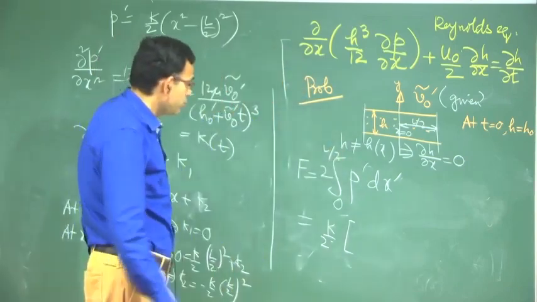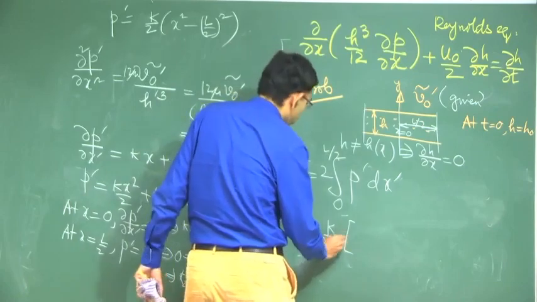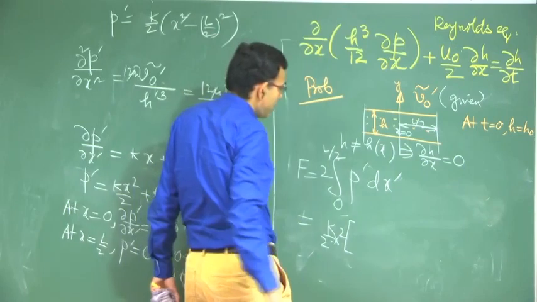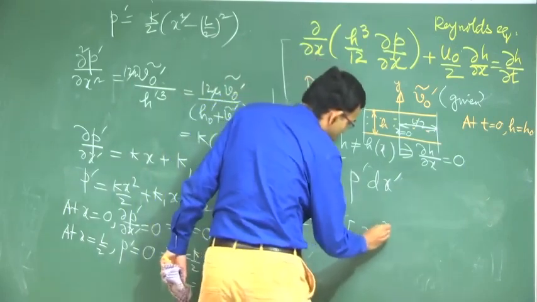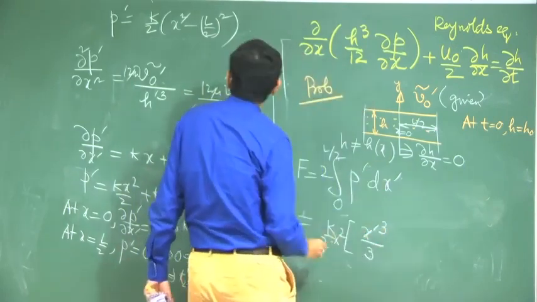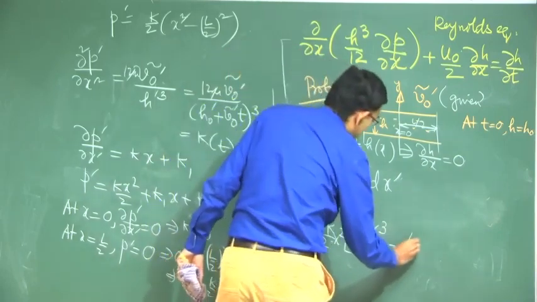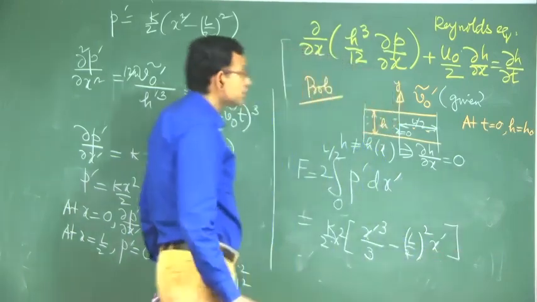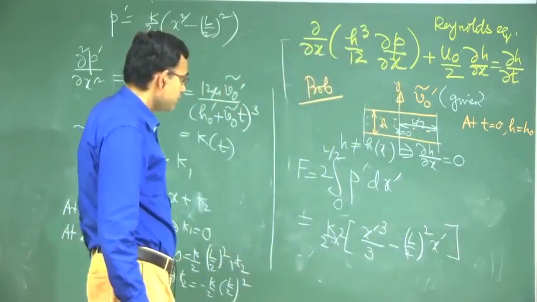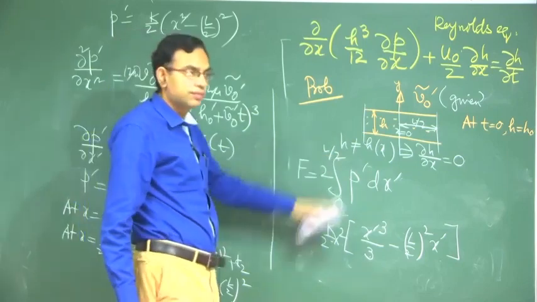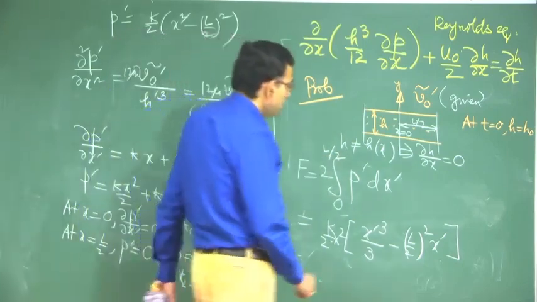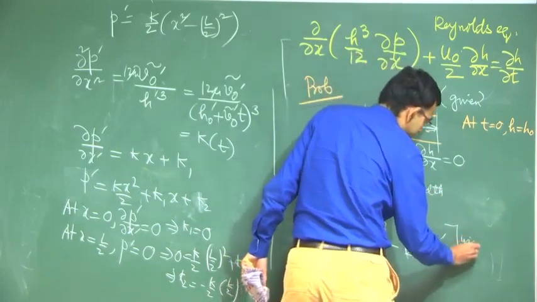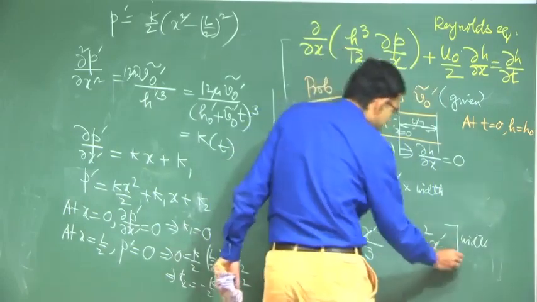So, k by 2 into 2 x square, this is x prime, x cube by 3 minus L by 2 square into x. This is per unit width, right. Into width you can put the width of the plate if you want.